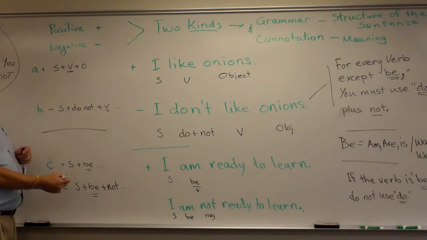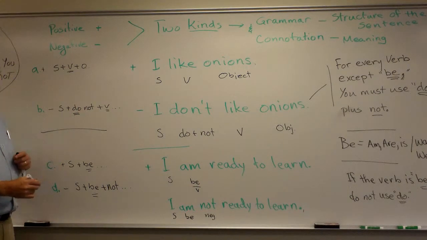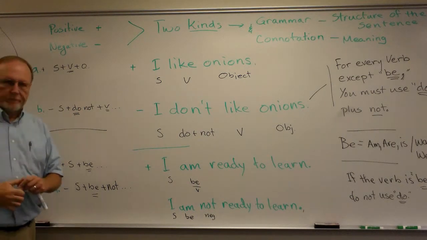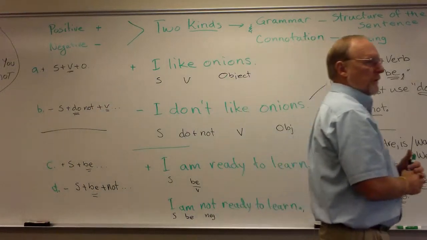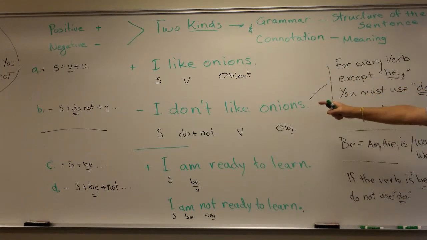Any verb except be, you must use do. I like onions. I don't like onions. I do not like onions. I don't, contraction.